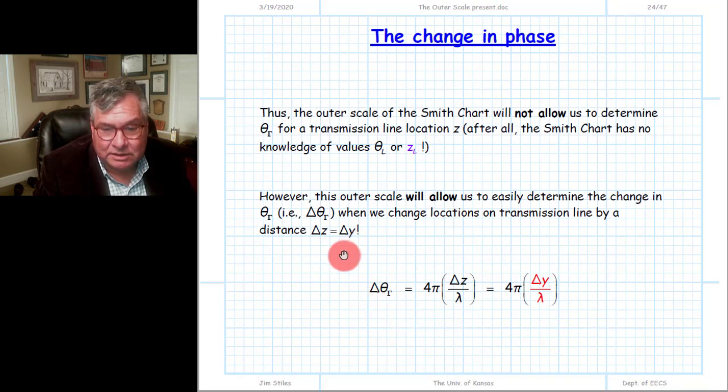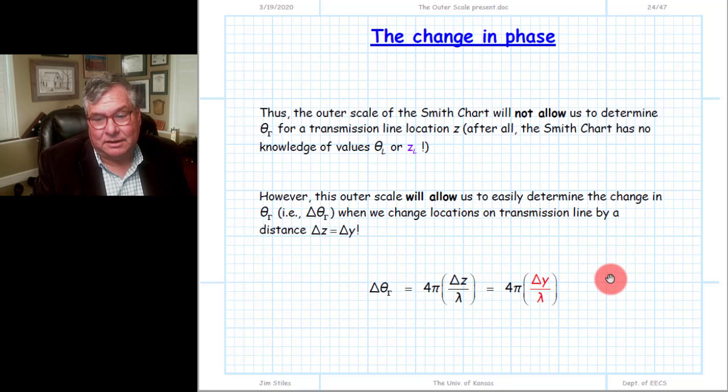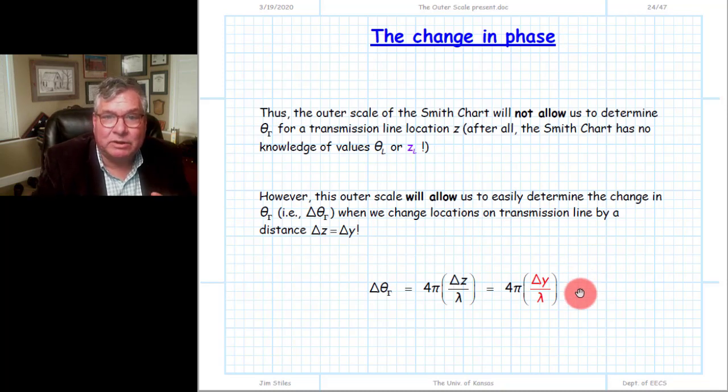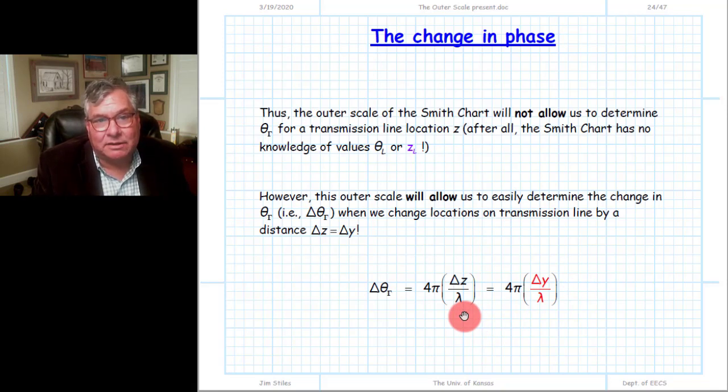This equation then summarizes what we've determined, that the change in the phase angle of gamma as we move along the line can be determined by using this outer scale of the Smith chart, this delta y over lambda, and it will give us exactly the same result as if we were to change the same distance along the scale that we use to solve our transmission line problems.